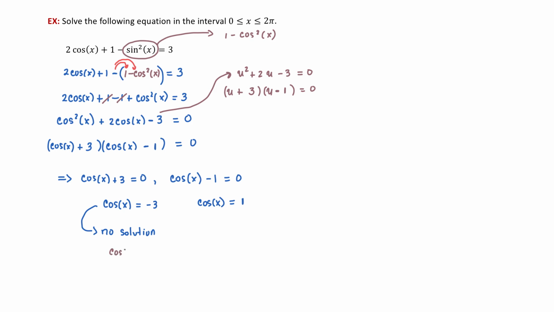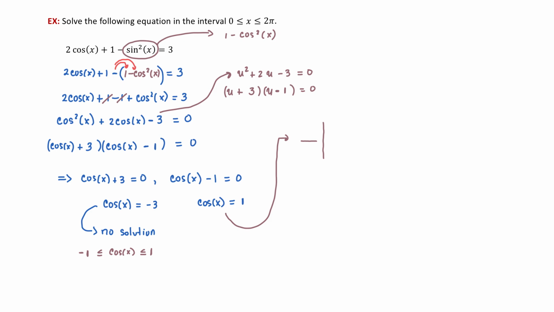So cosine of x is always less than or equal to 1, but greater than or equal to negative 1. So no solutions there.